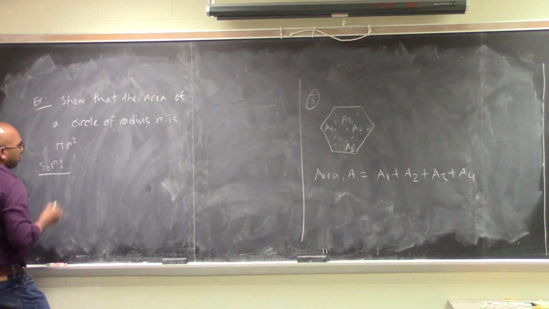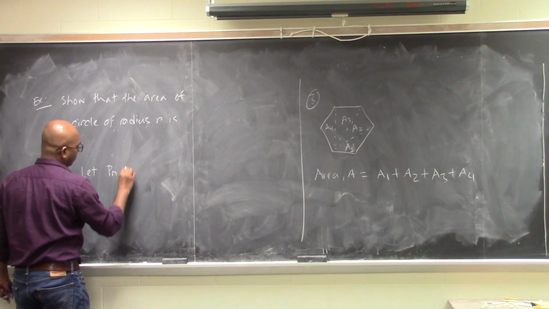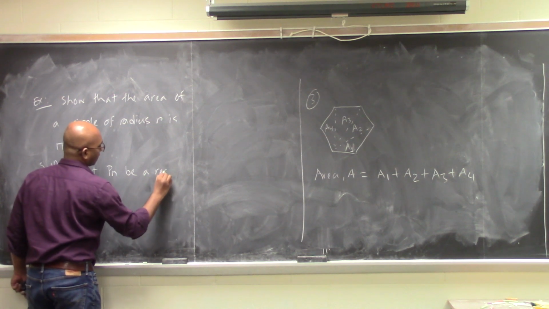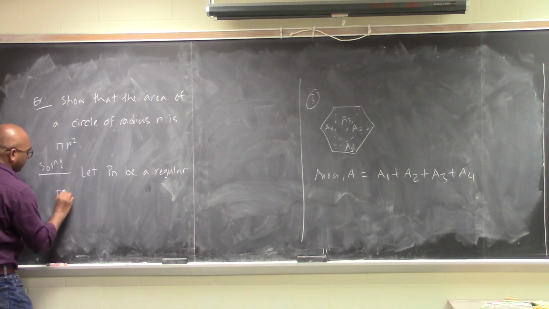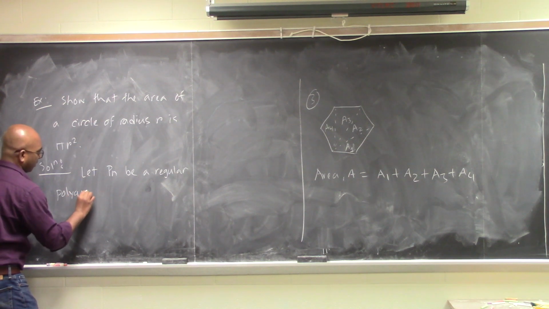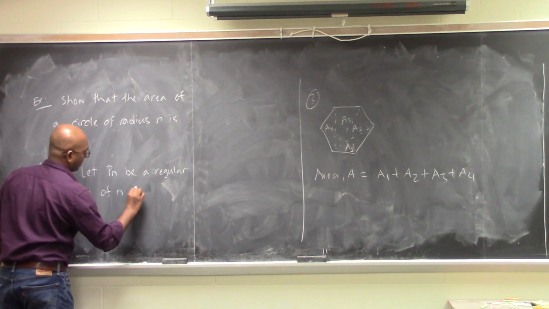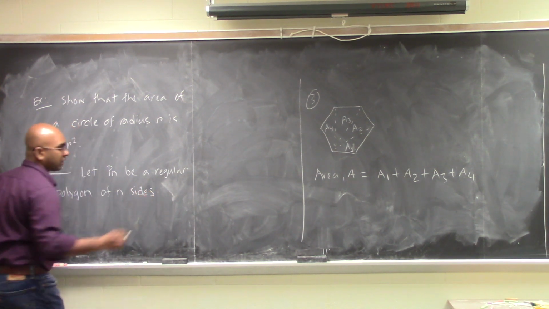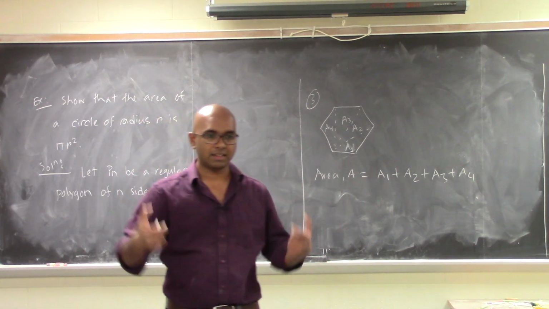Okay, so let Pn be a regular polygon of n sides. Okay. Regular polygon means it's a polygon whose all the sides have same length.